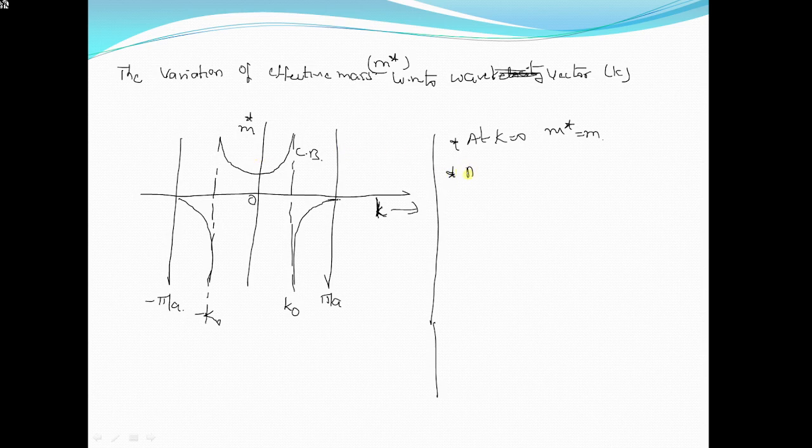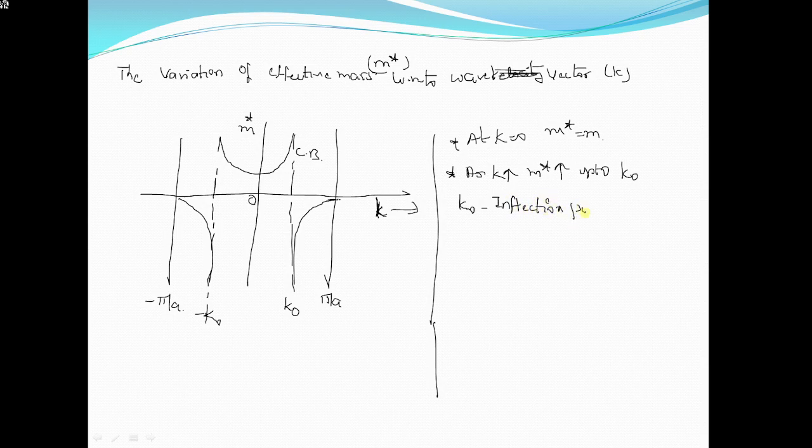Next, as k increases, what happens to effective mass? Effective mass also increases up to k naught. K naught is called the inflection point.